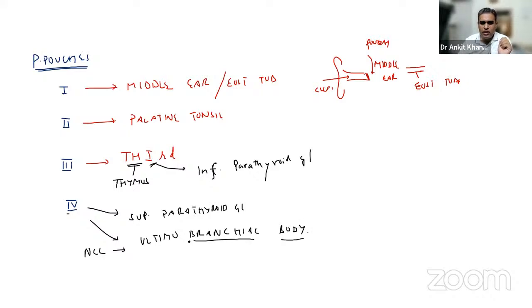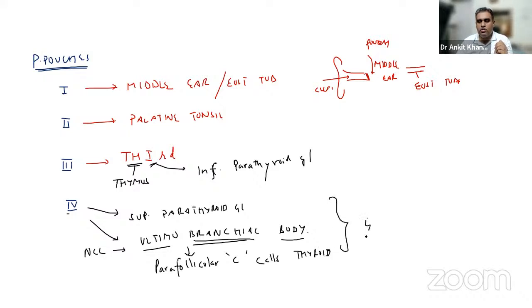Just read it 2-3 times and it will come to you as a reflex. Ultimobranchial, something related to the branchial arches. Pharyngeal arches are also known as branchial arches. And this ultimobranchial body gives rise to the parafollicular C cells of the thyroid. So these parafollicular C cells of the thyroid all come from the fourth pouch.